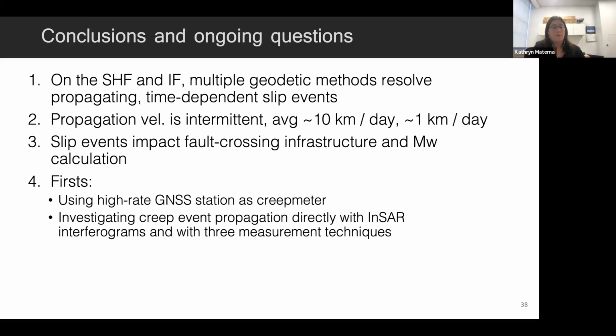Number three, of course, slip events impact fault crossing infrastructure, and they impact our understanding of calculation and budgeting of moment magnitude on these faults. So they're important to understand.